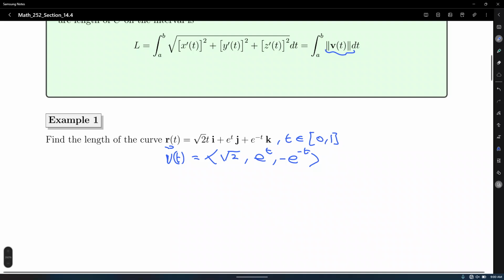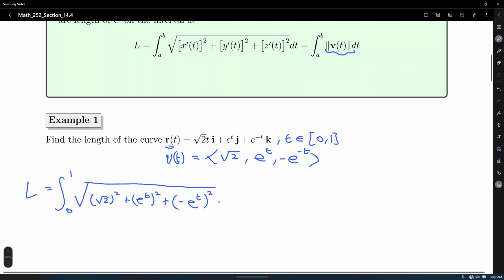So let's find the arc length. That is the integral from 0 to 1 of the square root of 2 squared plus e to the t squared plus negative e to the t quantity squared dt.